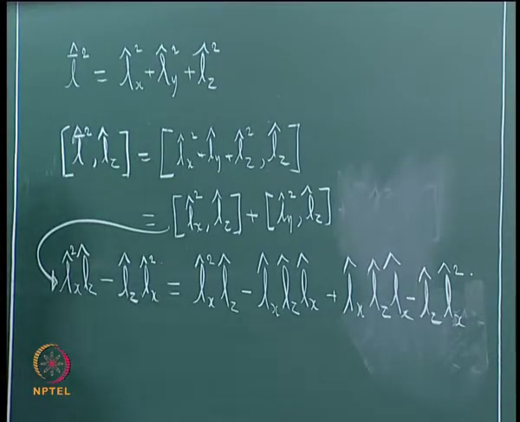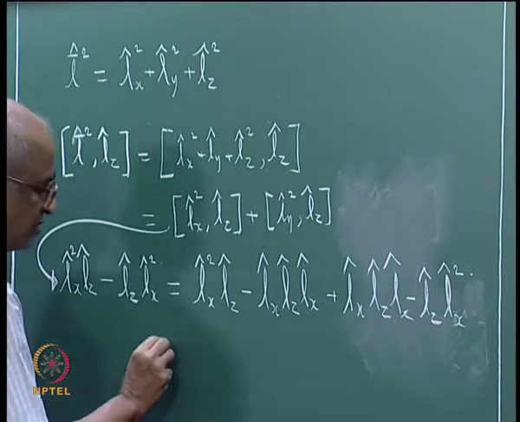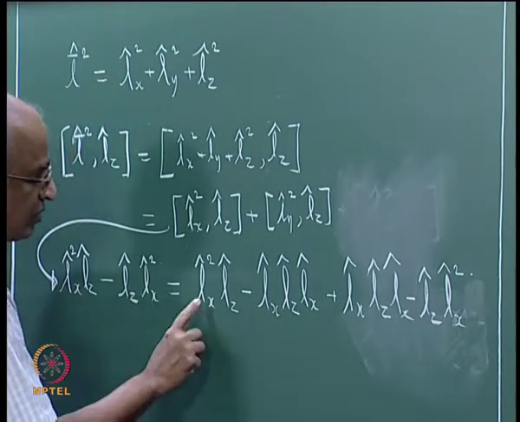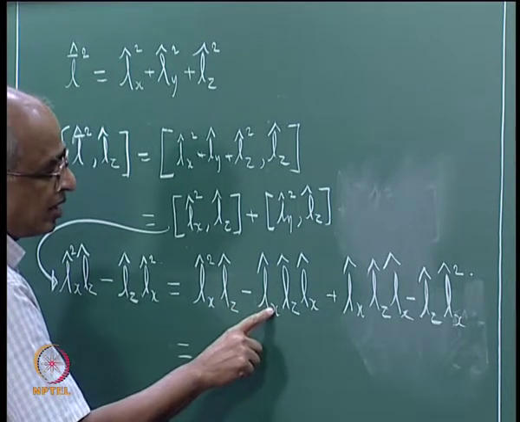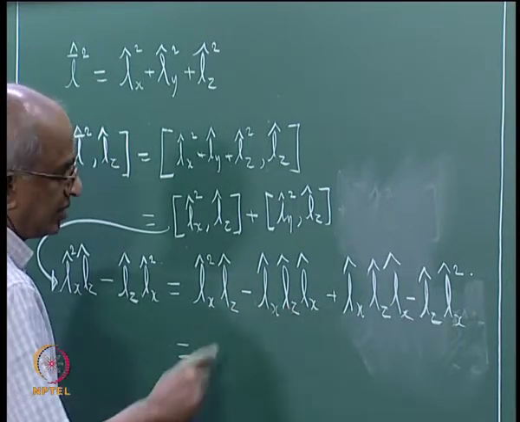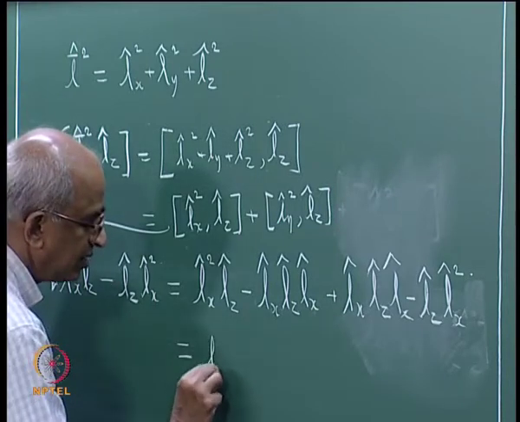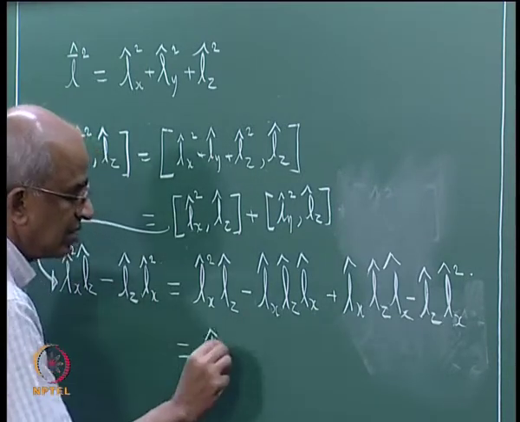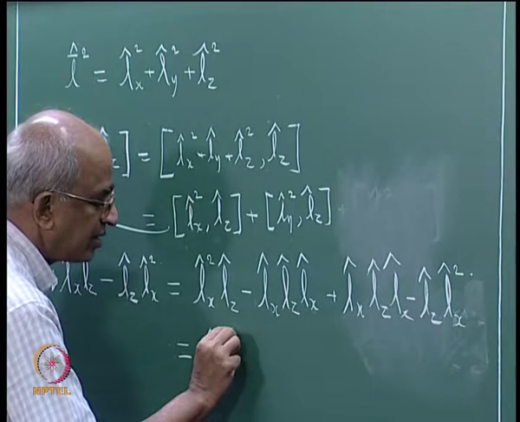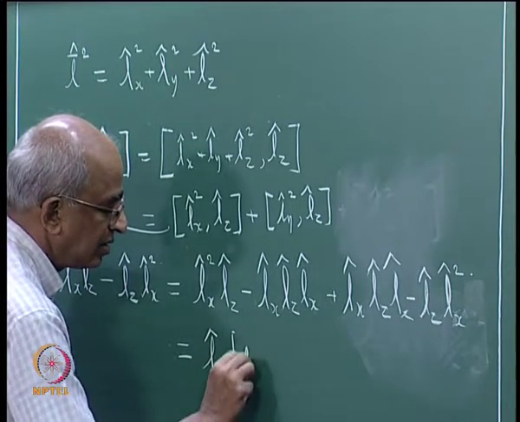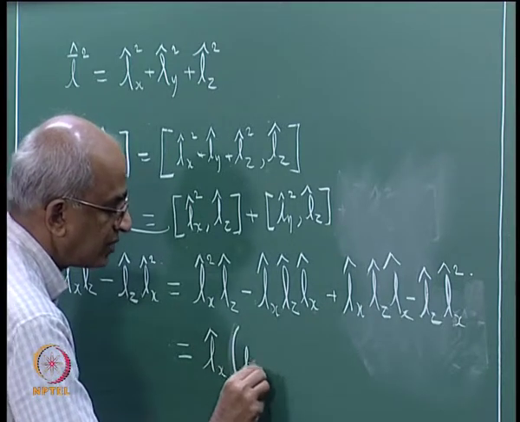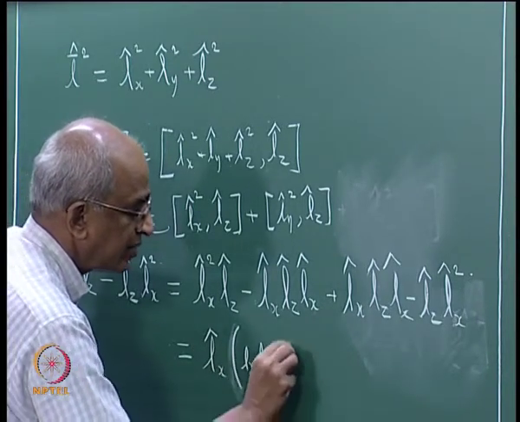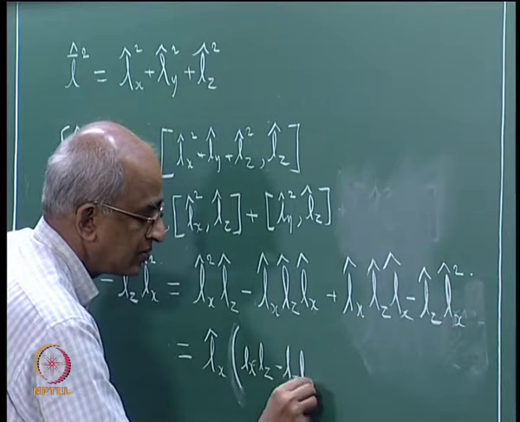Now you will see that this is quite useful, because you can now say, okay, Lx square Lz minus Lx Lz Lx. So what is that actually? I can take out an Lx and write the remaining term as Lx Lz minus Lz Lx.